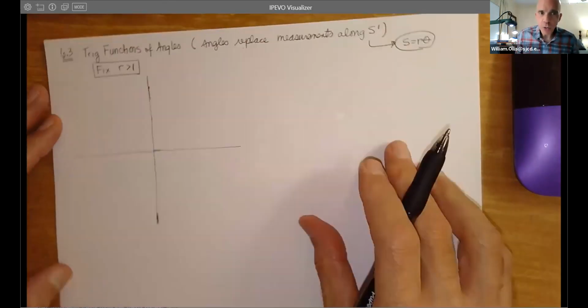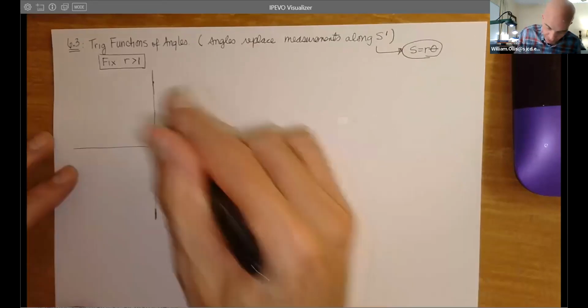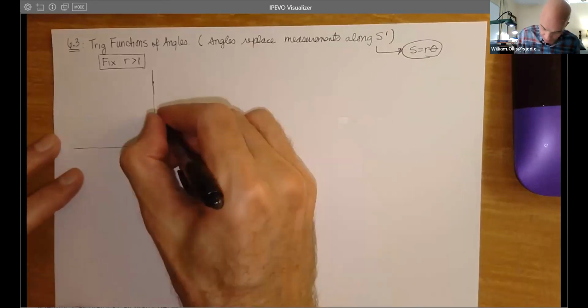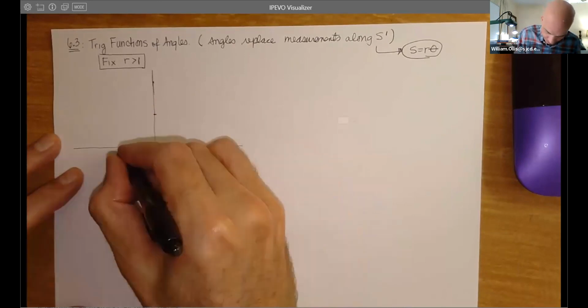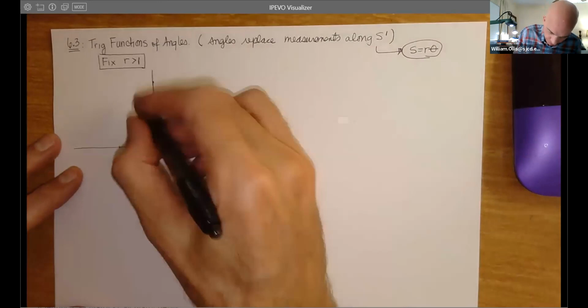So first what we want to do is draw S1. So we're thinking of a unit radius. So draw an S1.